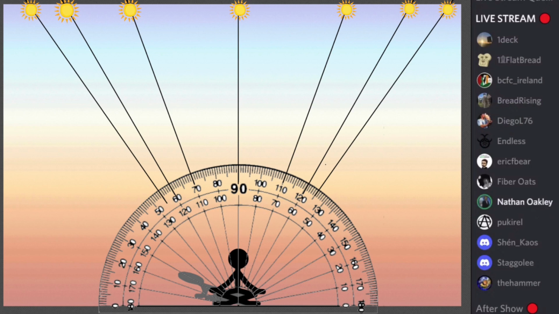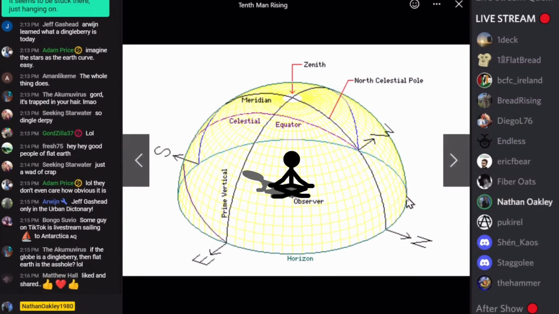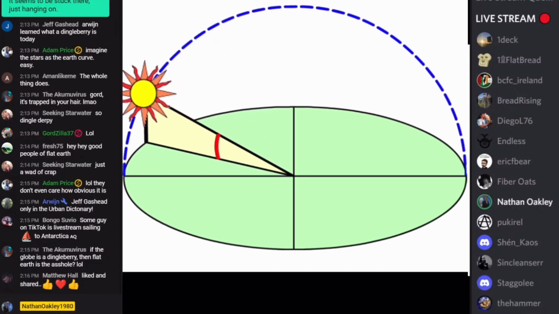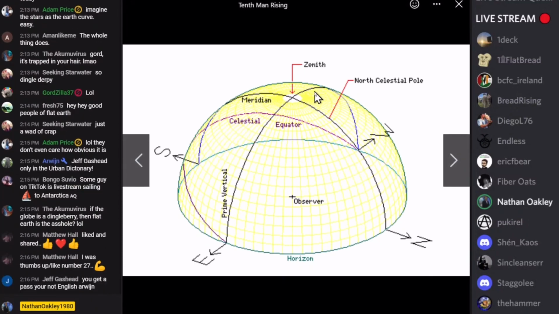Given that parallel position of the sky and the lights in it to the flat ground you're standing on, when you look at something further away, it will drop towards the horizon, right? You notice how on the outside edge of this flat plane we've got a horizon line? That's where this arc meets, because that's the arc of your perspective view on a plane to the sky. In other words, there is no globe in this perspective view.